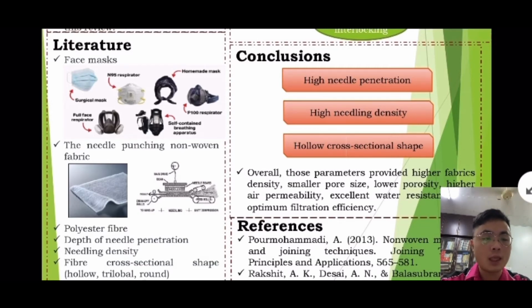Those fiber cross-sectional shapes may affect the properties of synthetic fibers. And then we look at the depth of needle penetration. It is the distance that the needle passes through the web. So when the depth of needle penetration increases, more bulk will pass through the web of the fabric.